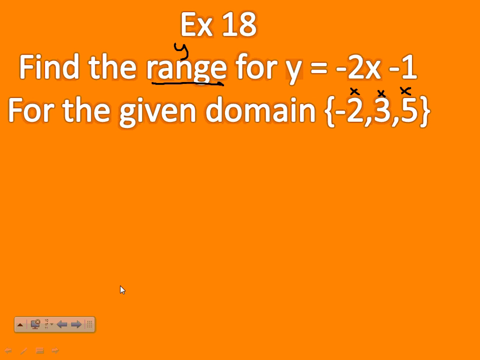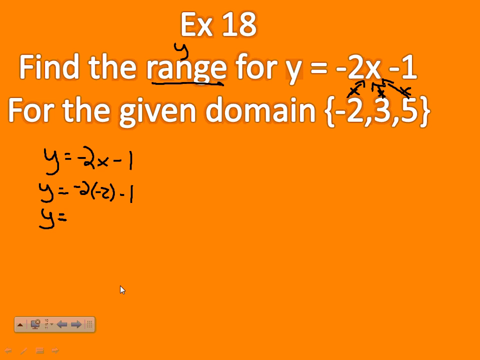Okay, so when I'm giving you x's and y's, what could we do? You will have 3 answers. Because what are we going to do with negative 2, 3, and 5? You're going to plug each one of them in one at a time. So, negative 2x minus 1, we're going to first plug in negative 2.